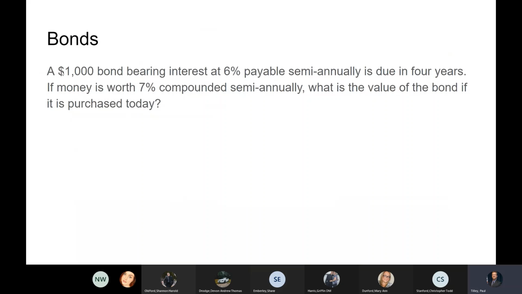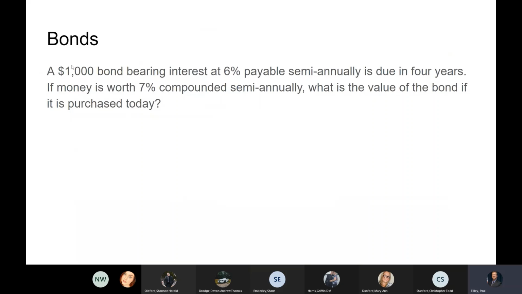So we've got some interesting things here. We know it's a $1,000 bond. The bond has a bearing interest rate of 6%. That's really straightforward in terms of the payment. The 6% is paid semi-annually, so that's cut in two, so that's 3%.